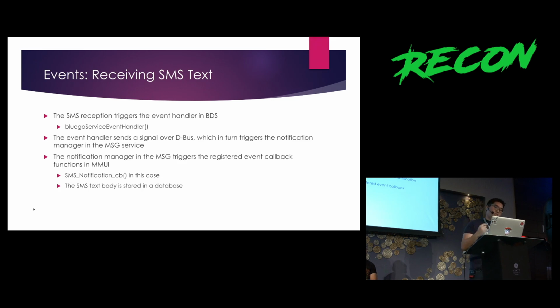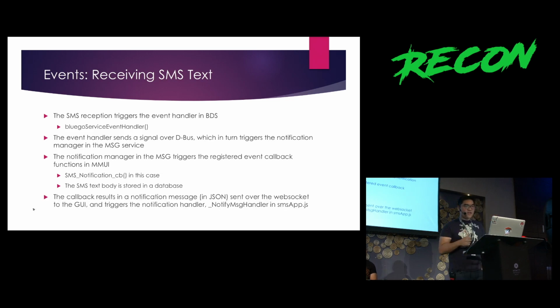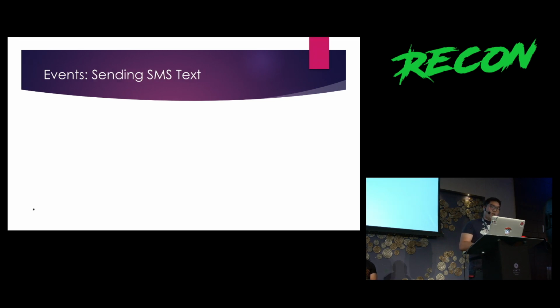In this case, it's the SMS notification callback to notify the GUI that you have a new message. At the same time, the content of the new message is saved in a database, which we'll discuss in more detail later. Then the Opera finally gets the notification and prompts the user that you have a new message. So that's it for the receiving part.